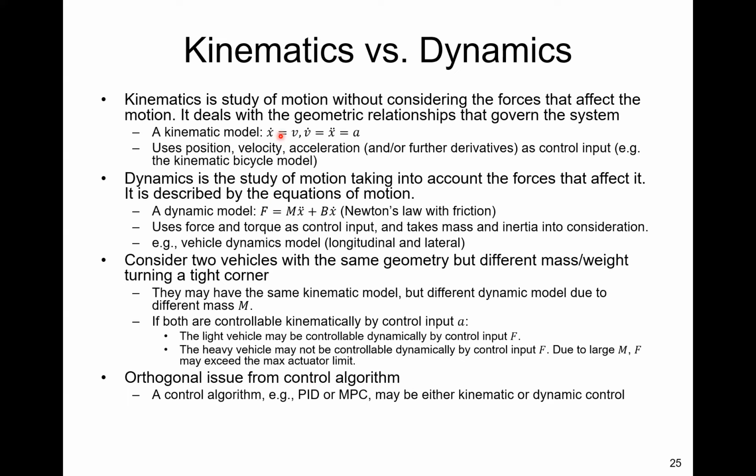The distance derivative with regard to time is velocity, and v dot is equal to a. The derivative of the velocity is the acceleration. So it uses position, velocity, and acceleration as a control input. So there's no dynamics involved.